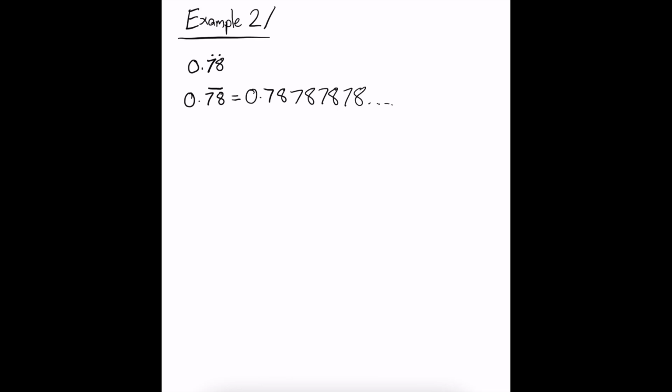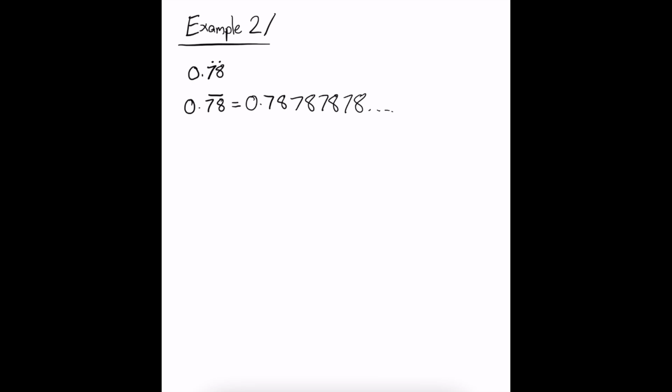So when we want to write this in terms of a GP with the sum of its components, we break it down into the 78, which is what we're going to be adding to each other. So we take 0.78 and we add that to 0.0078.